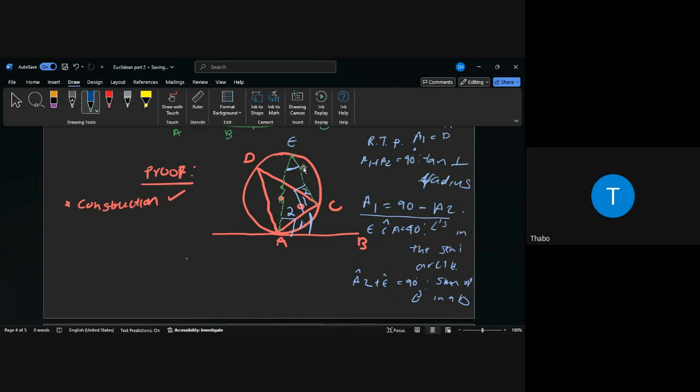Check. Guys, are E and D equal? Yes. What's the reason?